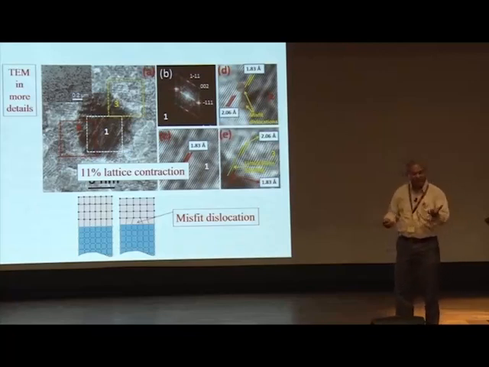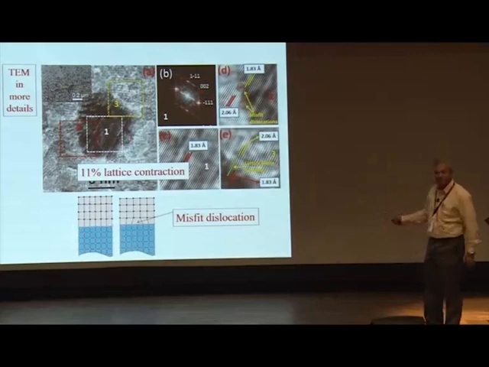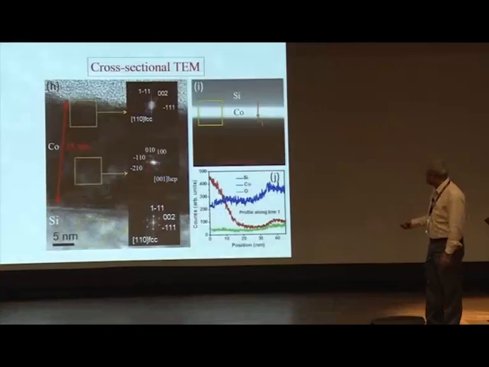If you grow one material with one lattice constant on a material which has a different lattice constant, you tend to get these dislocations at the interface. But here, in the same plane, we see these dislocations, the effect of different lattice parameters. So this is the 11% lattice contraction that we observe in this case.